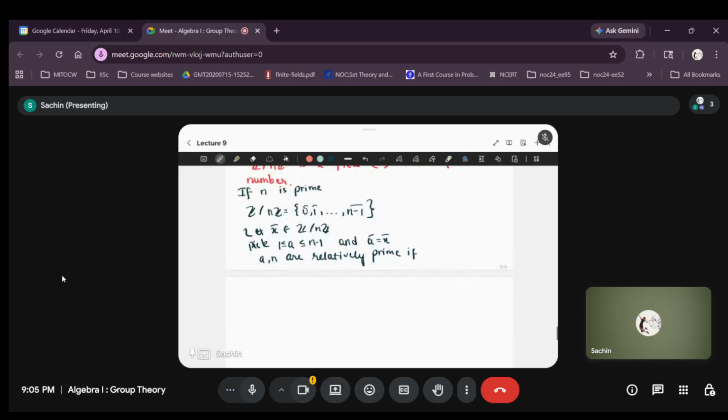If n is prime, a and n are relatively prime. The reason we chose a representative that is less than or equal to n minus 1 was so that this relatively prime thing holds. Anyway, we know that all numbers less than p but greater than 1 are relatively prime to the prime number p.